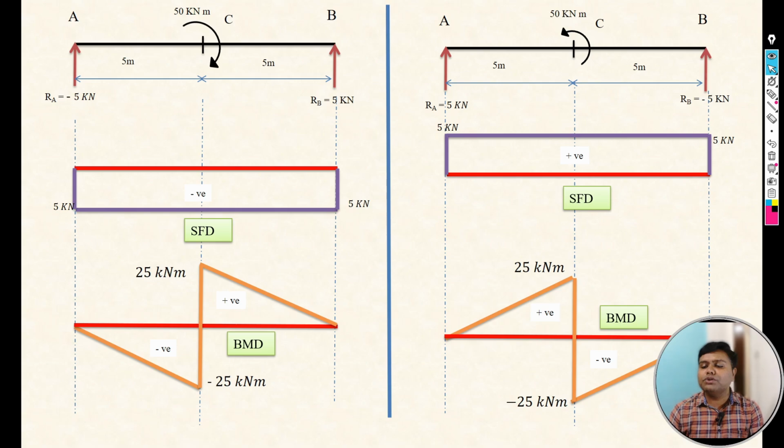Now we are going to the actual numericals, means we will take different types of numericals that we are going to solve in the upcoming videos. And once we complete the shear force diagram for the simply supported beam, then we will talk about the shear force and bending moment diagram for the cantilever beam. But before that, we will cover some basic parts, as we have covered for the simply supported beam, and then we will move to the actual numericals for the cantilever beam.